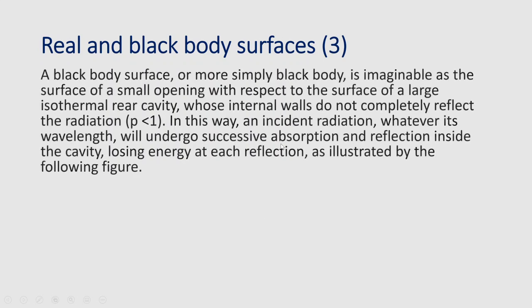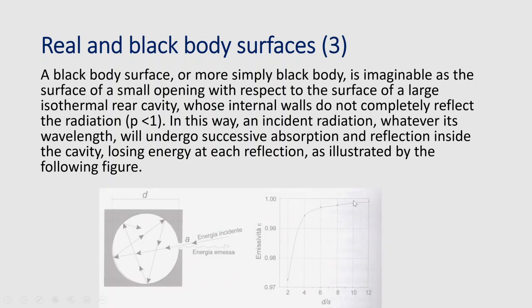All right. A black body surface, or more simply what we call a black body, is imaginable as the surface of a small opening with respect to the surface of a large isothermal real cavity. And here you have the figure of this black body.